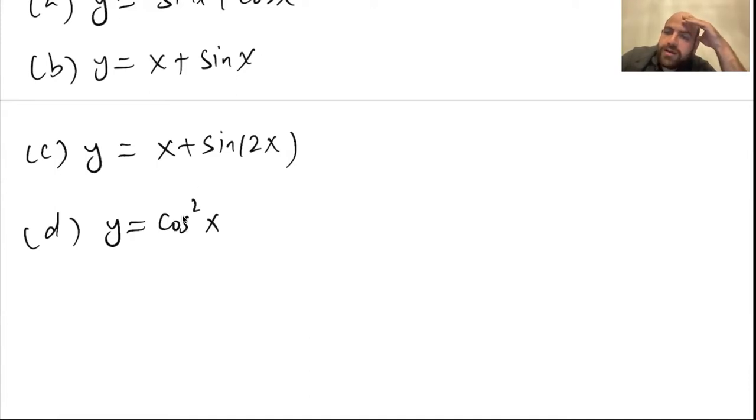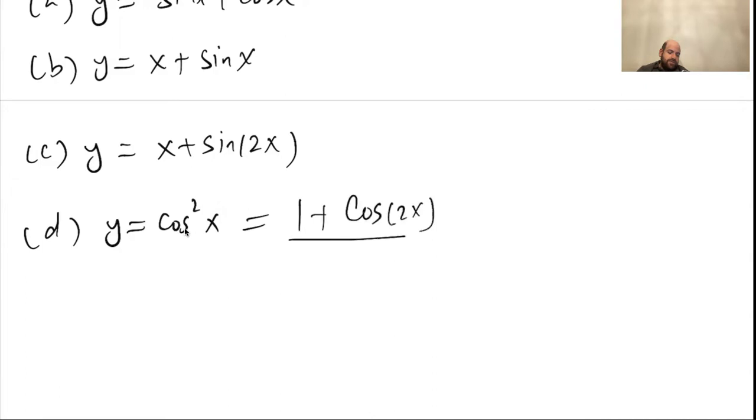You can, of course, differentiate this function, find critical points, etc. But this function can also be sketched using graph transformations, because we have a formula for cos squared x, right? Cos 2x was 2 cos squared x minus 1. So cos squared x you can write as 1 plus cos 2x divided by 2.